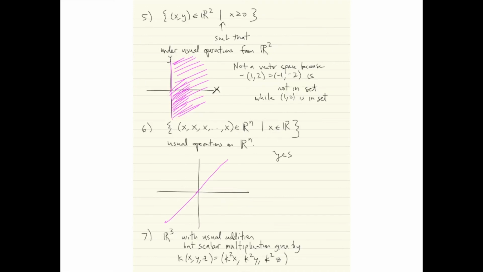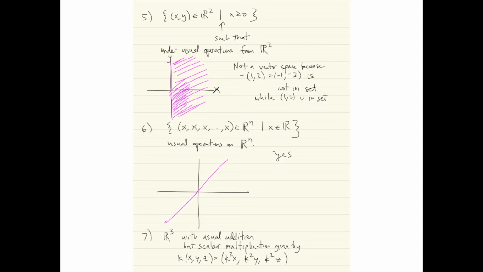Problem number 5 here is, again, the same question. Is this set a vector space or not? Now the set is the set of ordered pairs of real numbers in R^2 such that, that's what this vertical line is read as, the first component or first coordinate is greater than or equal to 0. Before we graph it, the operations are the usual operations from R^2.